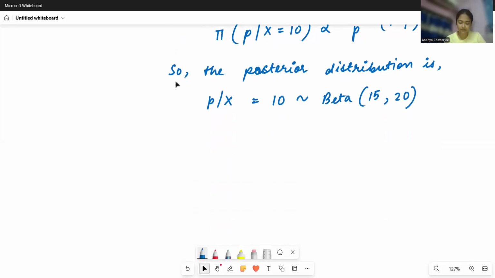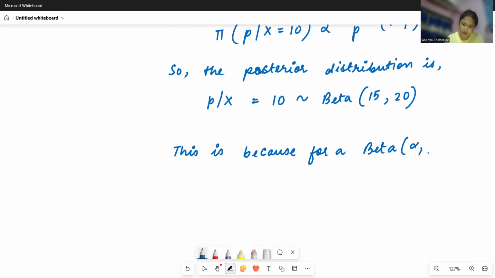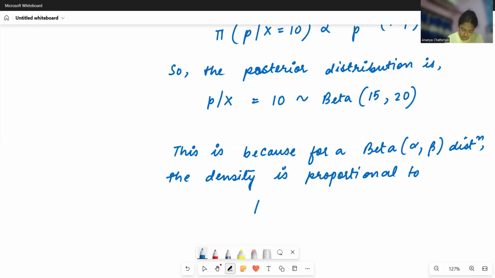Now this is because for a Beta(alpha, beta) distribution, we can say that the density is proportional to P to the power alpha minus 1, 1 minus P to the power beta minus 1. Okay.